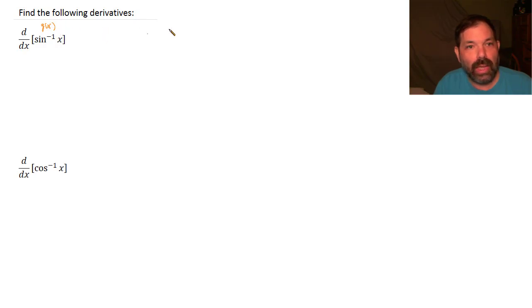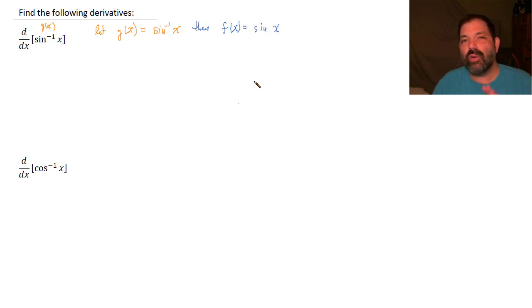Again, I will think of this as my g of x. So I'm going to let g of x equal sine inverse x. Then f of x is equal to the sine x function. But now remember, hopefully you remember, that when you studied these back in your trigonometry class, we had to put restrictions on the sine function to create the inverse function.